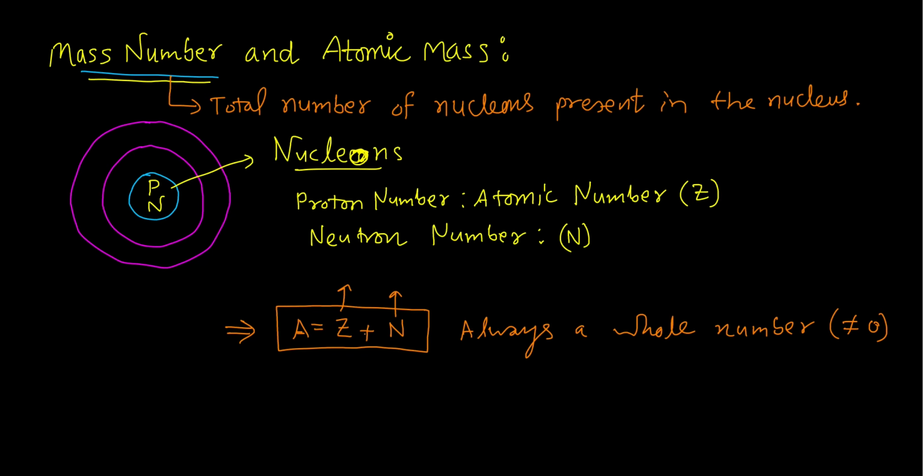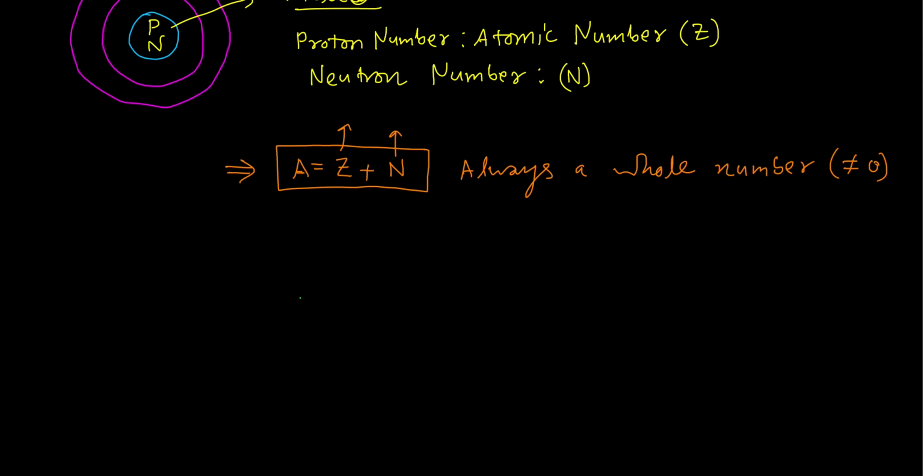Okay, now let's move to the other topic, which is atomic mass. What is atomic mass? The atomic mass of an atom is defined relatively, and relative to what? It is defined relative to the carbon 12 atom.